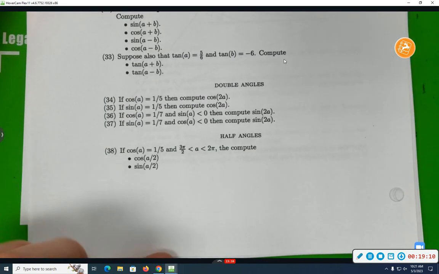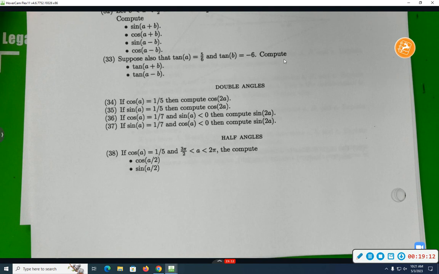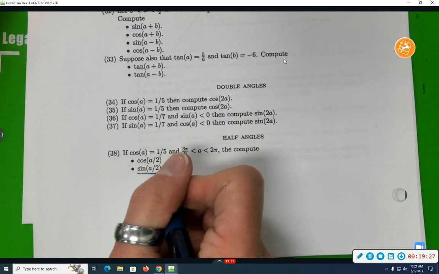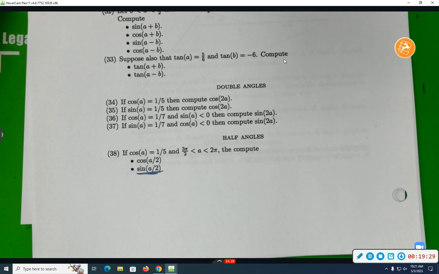So let's suppose I give you an angle. I don't tell you what the angle is. I tell you that cosine A is 1/5, and that the angle A, the angle inside of that parentheses, is between 3 pi over 2 and 2 pi. Let's compute. I think I only want to do one of them right now, and I've used the half angle formula for cosine a bunch, so let's do sine.